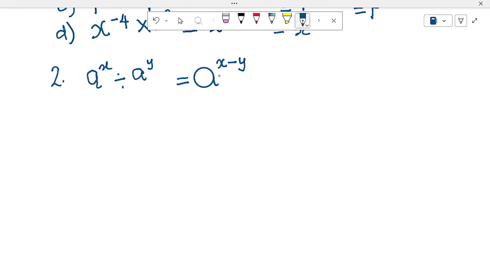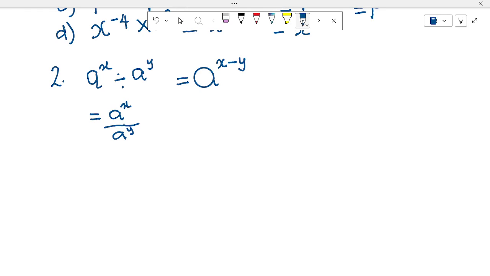You see that this is similar to the first one, only that in this case the sign is division. This is the same thing as saying a raised to power x all over a raised to power y, because this is the same thing as division.